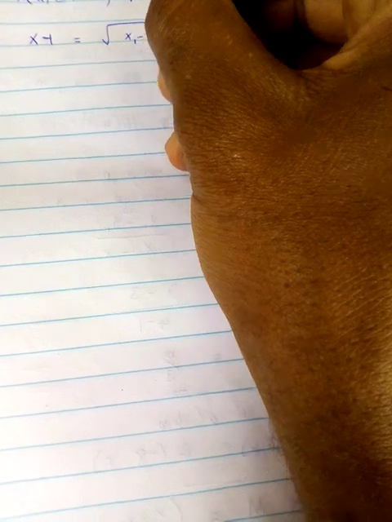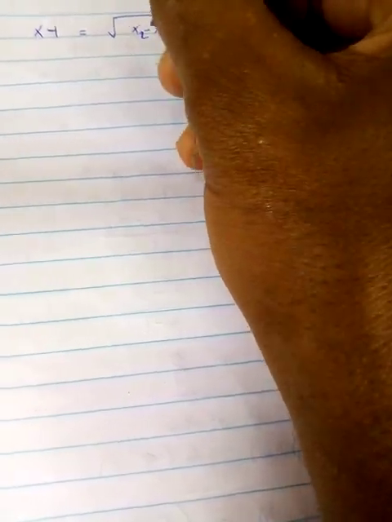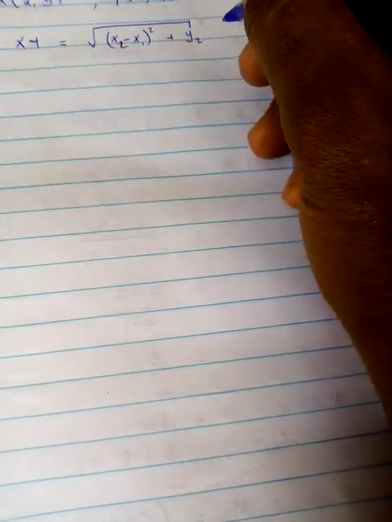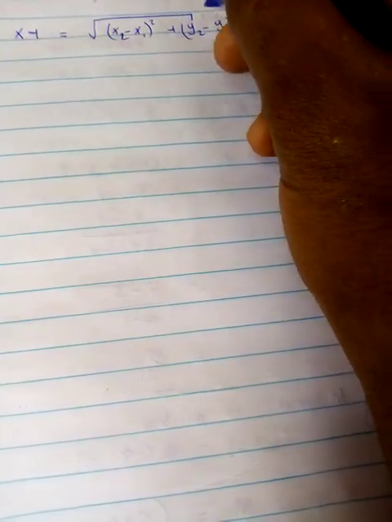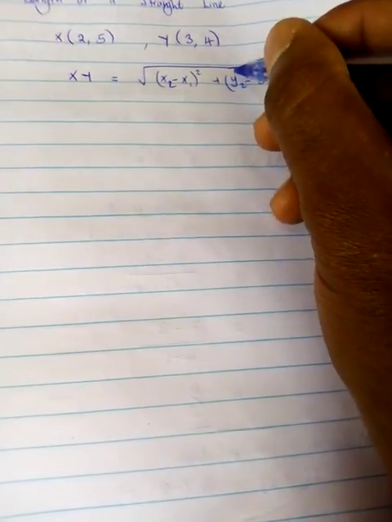The length XY is determined by the changes in x and y, by Pythagoras: the square root of x2 minus x1 squared plus y2 minus y1 squared.